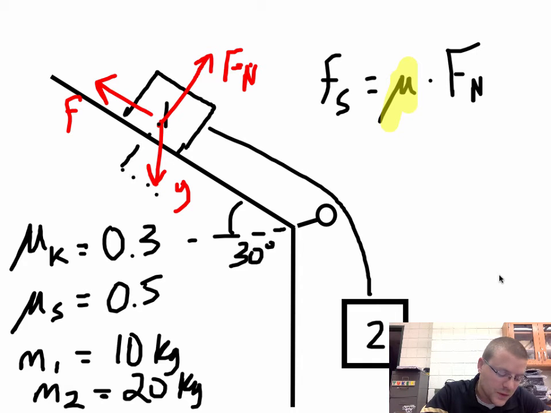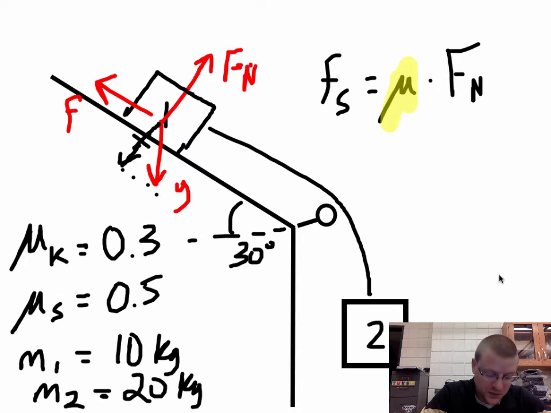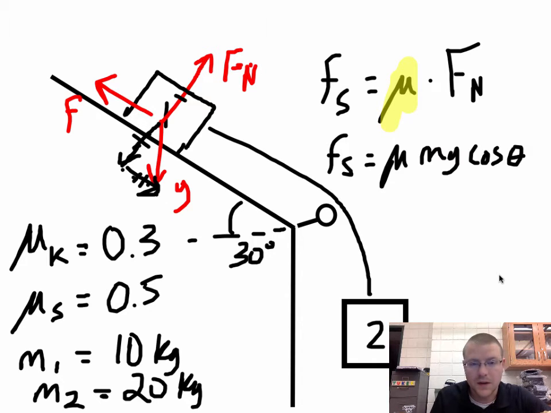So if I break this up into x and y pieces, I can see that this y component's got to be equal to my normal force, and this x component is trying to push us down the hill. So to find the normal force here, looks like it's going to be mg cosine theta for block 1. There's no friction on block 2, not dealing with any drag right now.